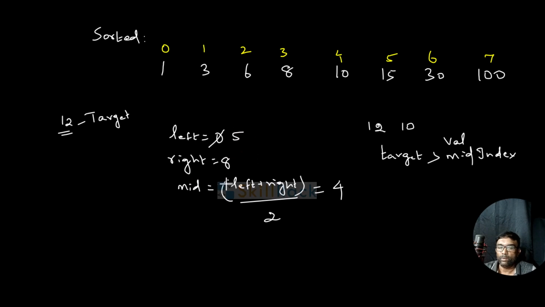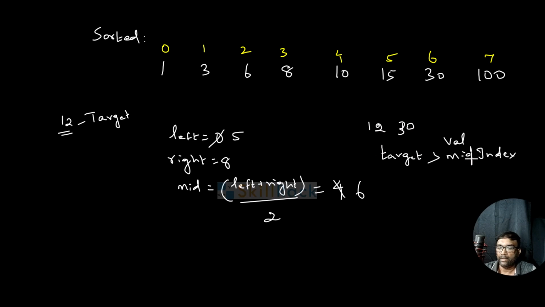Now again you recalculate. Mid is equal to (left plus right) by 2. 5 plus 8 by 2, 13 by 2. So it will become 6, because it will not be 6.5. It is integer arithmetic, so 13 by 2 will be 6. Now what is the value at index 6? It is 30. So you compare 12 and 30.